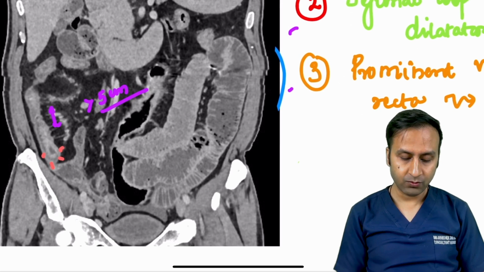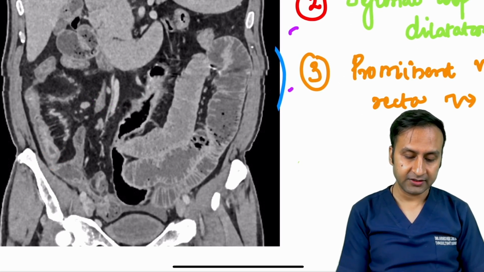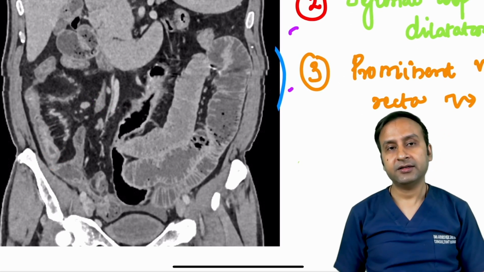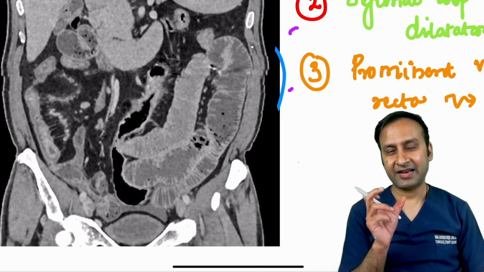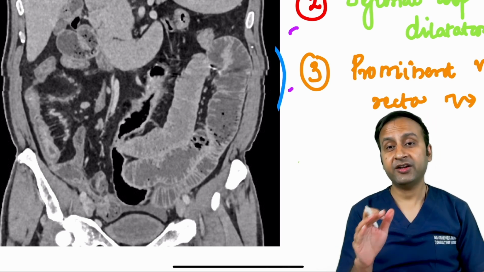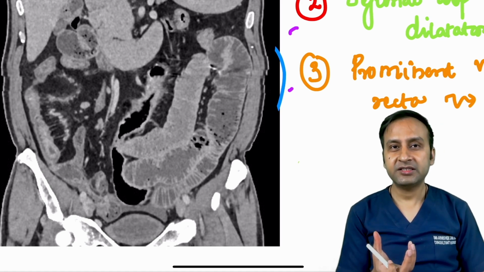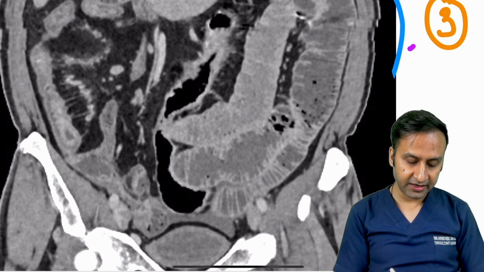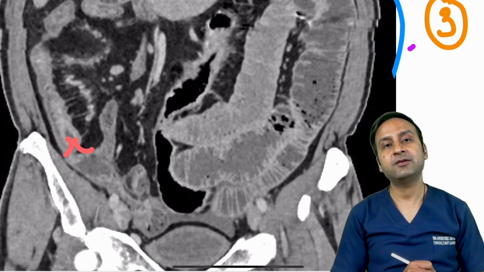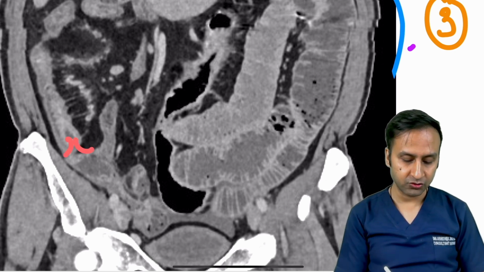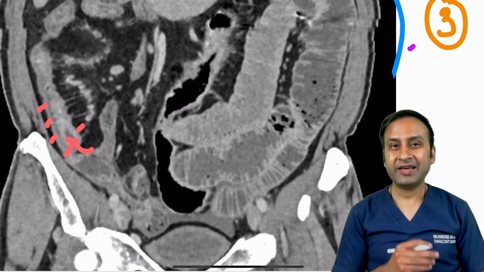Last but not the least, I want you to have a look at the enhancement pattern as well. When we talk about the enhancement pattern, do you think that the entire bowel loop is enhancing as a whole, or do you think that there is some stratification, some mural change or gut signature being seen? Yes, clearly we can see that the internal layer, which is nothing but the mucosa, is hyperenhancing as compared to the rest of the bowel wall, which is not showing as evident enhancement.